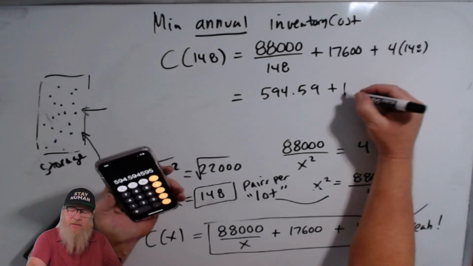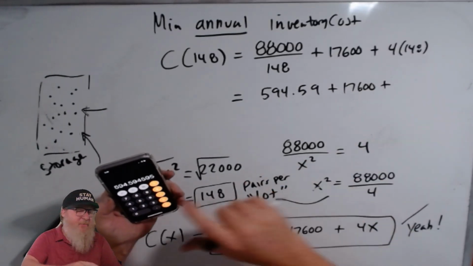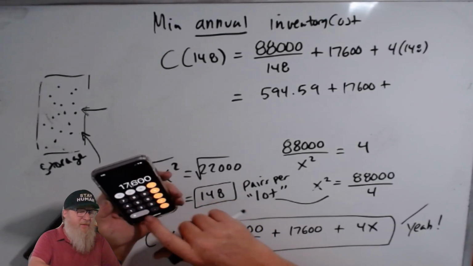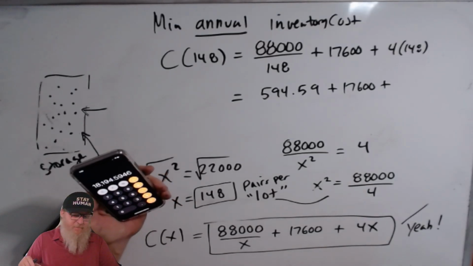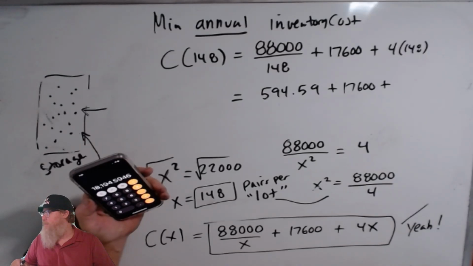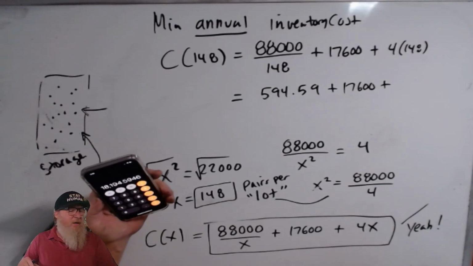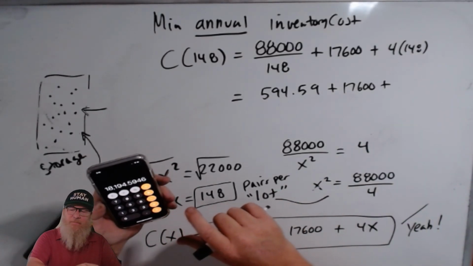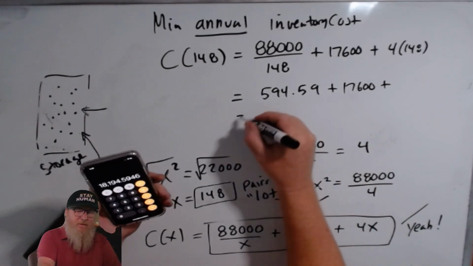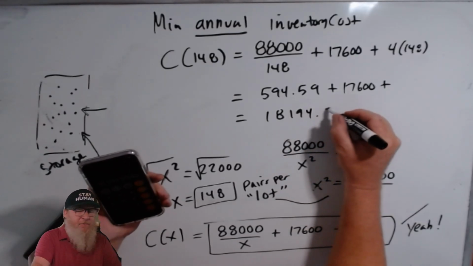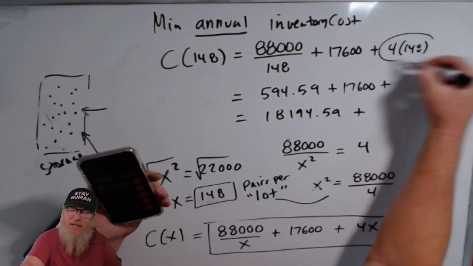plus 17,600. This is expensive business. Plus 17,600, which was 4,400 times, yeah, that's 17,600, isn't it? Whew, this is expensive. Plus, I forgot to write that down. $18,194.59, plus, I forgot to do this one.